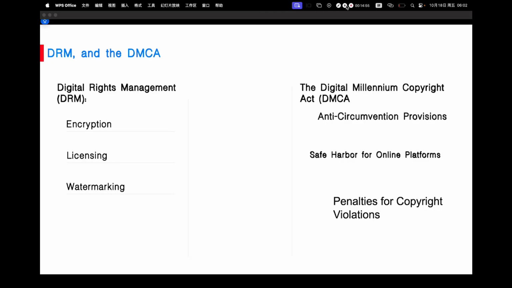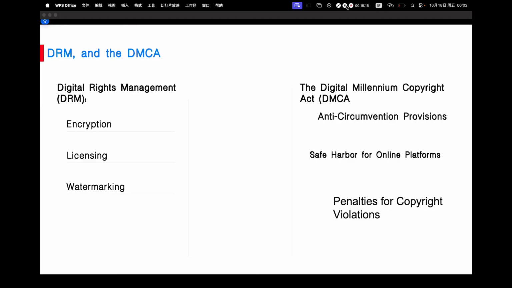It helps with preventing distribution and piracy by imposing limits on what users can do with the content, like restricting copying or limiting the number of devices it can be used on.